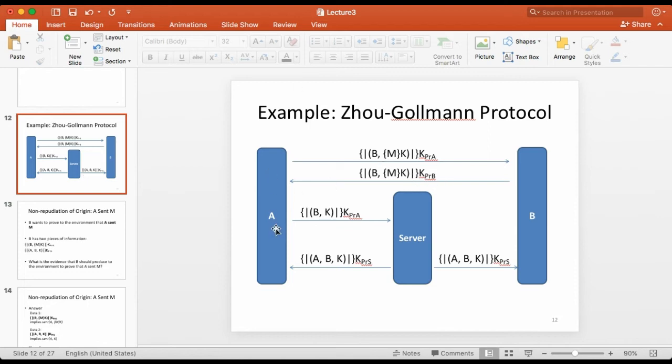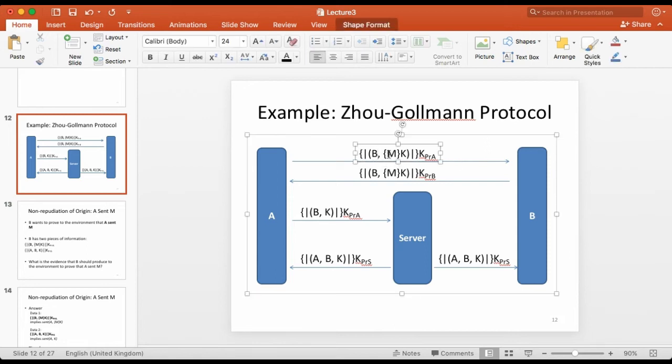So the protocol starts as follows. A sends to B a message containing B's name plus some message M encrypted with a key K that A has generated locally.